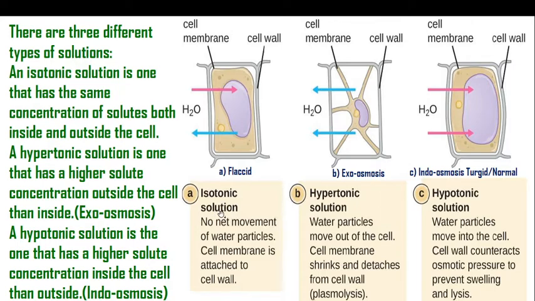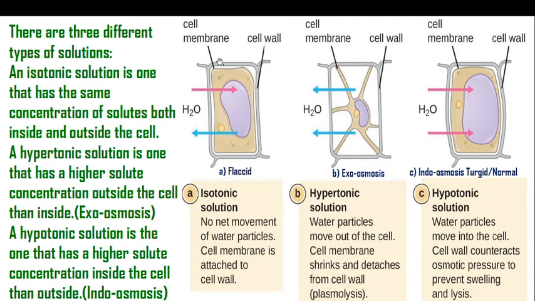Diagram A shows an isotonic solution, meaning the cell is placed in an isotonic solution. When the cell is placed in it, there is no net movement of water particles, and the cell membrane remains attached to the cell wall, and that's why the cell becomes flaccid.